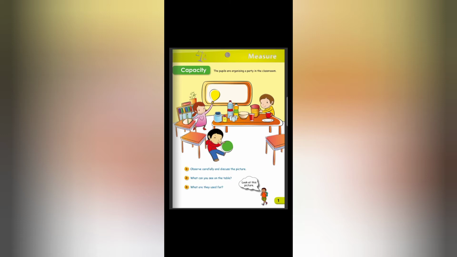We can see 3 students, tables, chairs, balloons. We can also see containers of different sizes on the table.